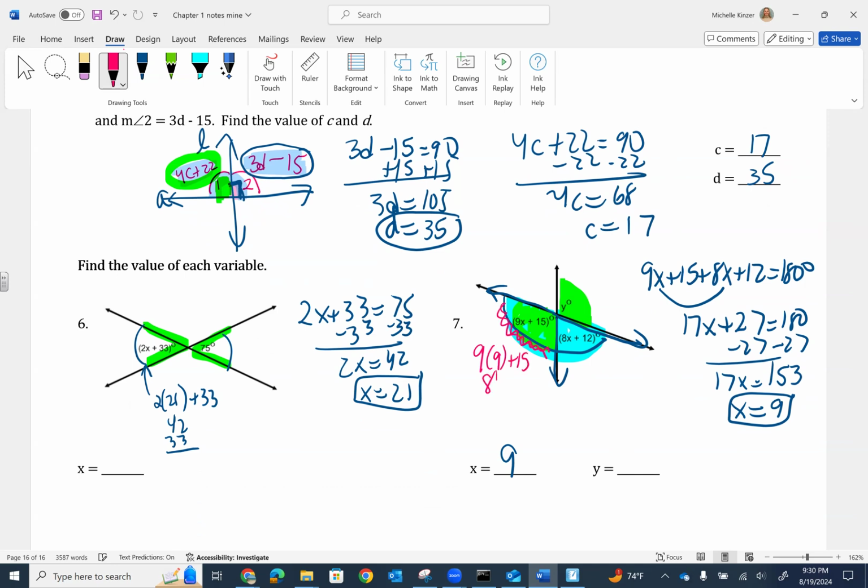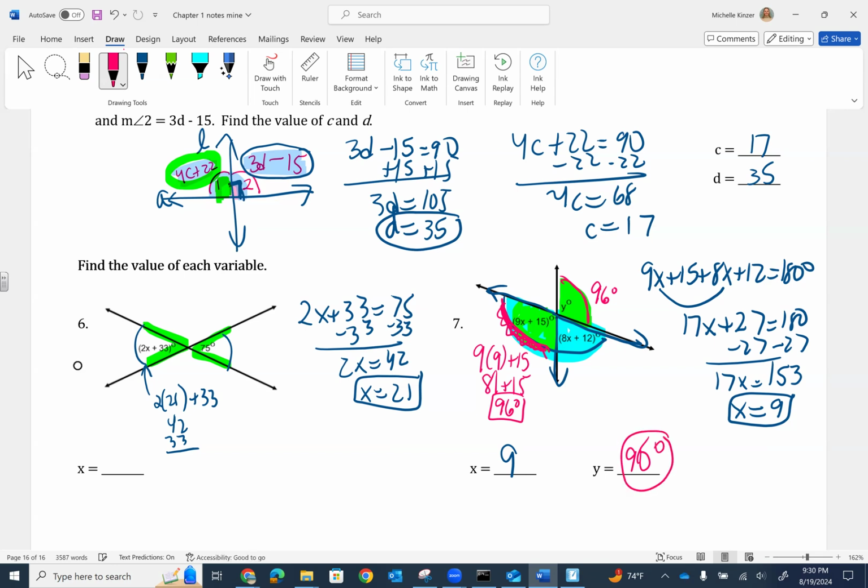And that is going to be 81 plus 15, 96 degrees. So guess what? If this is 96 degrees, we know this is 96 degrees as well. And so this is 96 degrees.